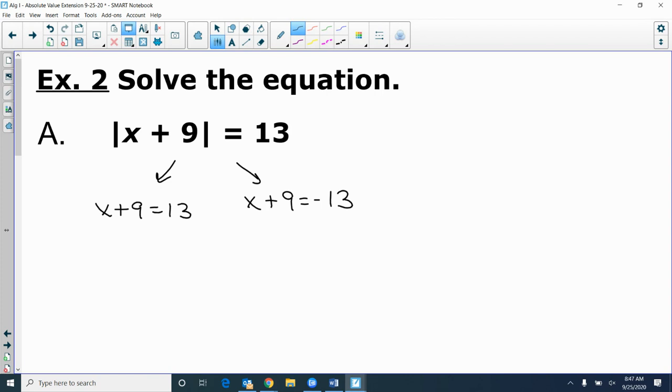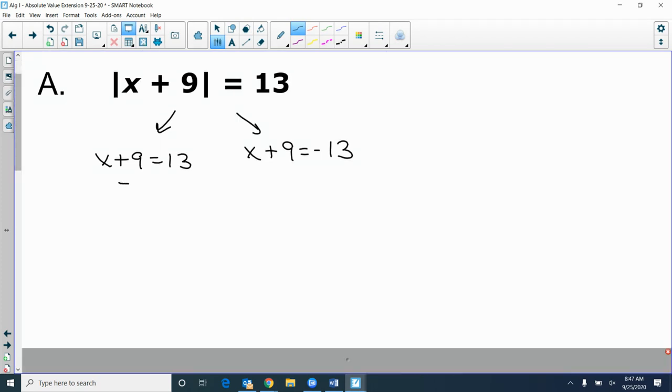Okay. So if x plus 9 equals 13, subtract 9, you get x equals 4. Subtract 9 on the other side, and I get x equals, be careful, what's -13 minus 9? Use your calculator if you need to.